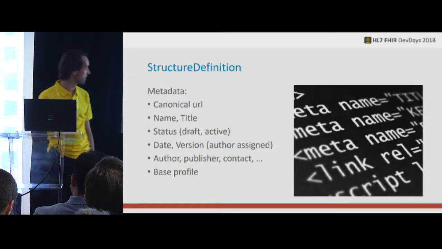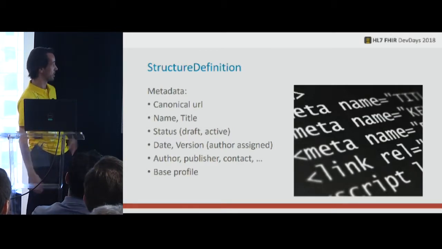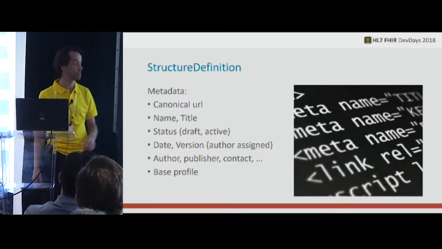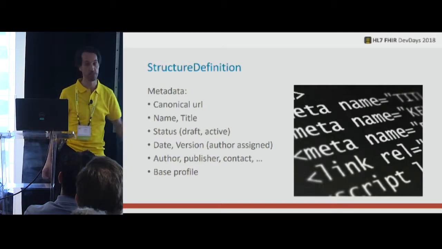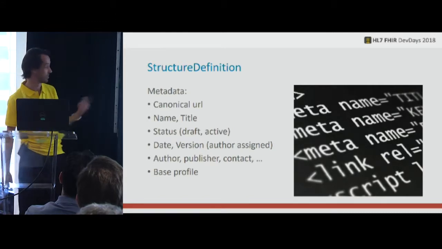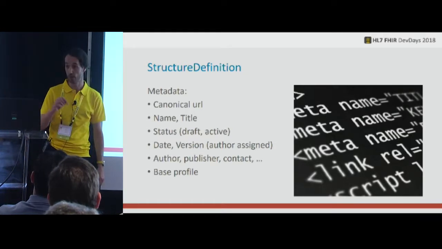So what's in the StructureDefinition? Well, first of all, there is some basic metadata. Canonical URL, very important. You have to assign that and make sure it's unique. A name and a title. There's a status, so you can keep it in draft, so it's clear when you publish it to a server that people know this is still being worked on until it's final. There's a date and a version, an author-assigned version.